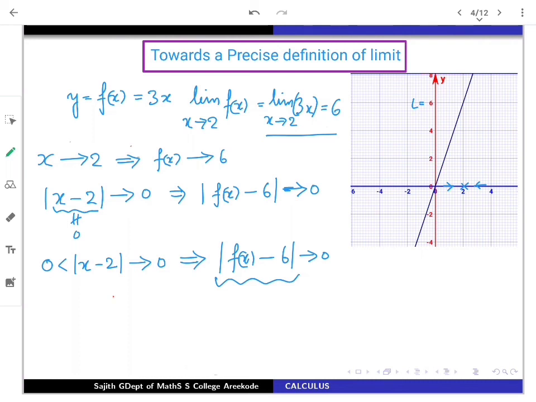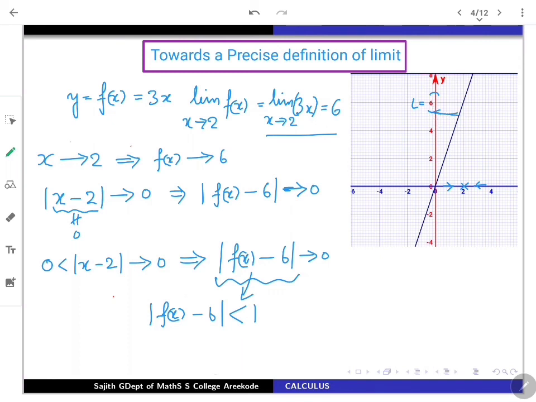To be more clear, see, what we need is modulus of f of x minus 6. I wanted to make it less than 1. Is it possible? That is the question. So this has to guarantee that I can preferably say some tolerance level, or I can say that if some proximity around 6 is given, then from the graph, it is very easy.